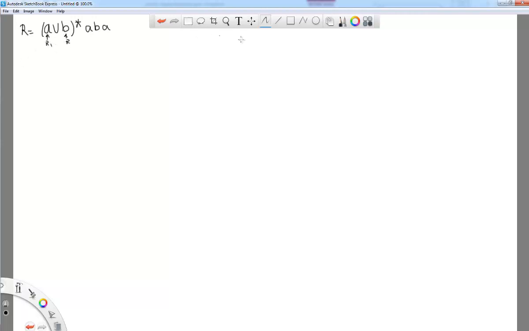Okay, so then we have R sub 1 is the language or the expression A, and as you saw earlier, it'll be a two-state finite automaton. It's going to look something like this, and so it's going to have one transition and two states.